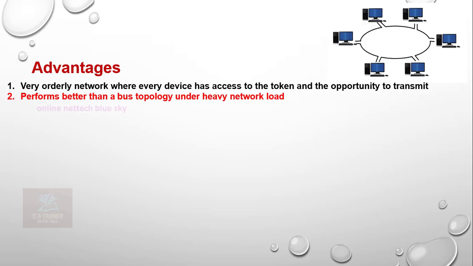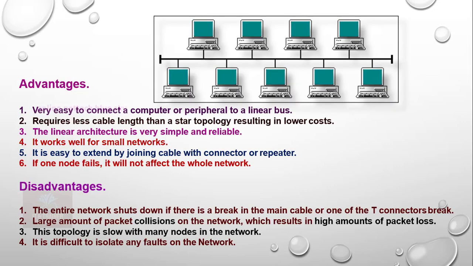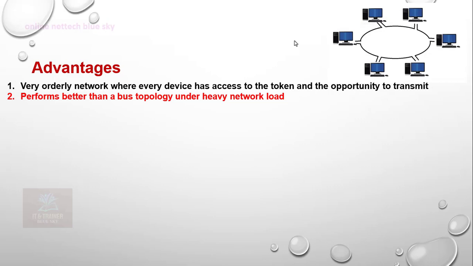In the bus topology, one cable connects to every computer, but ring topology is a different type of connection. So it performs better than bus topology under heavy network load.